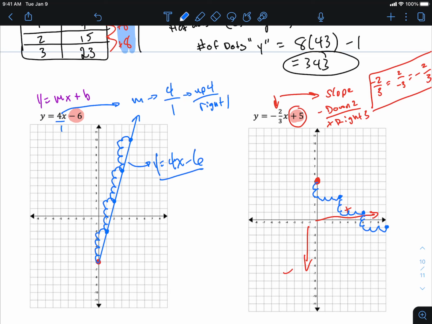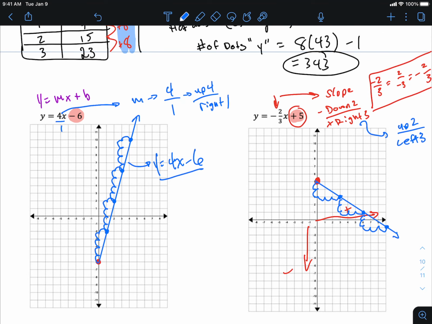Okay, you kind of run out of graph there, but don't forget that this here is the same thing as going up 2 and to the left 3. I know it's the same because if I were to actually graph that, it would be the opposite of this. The points would fit on the line nicely.